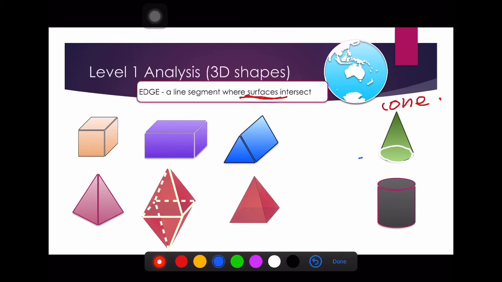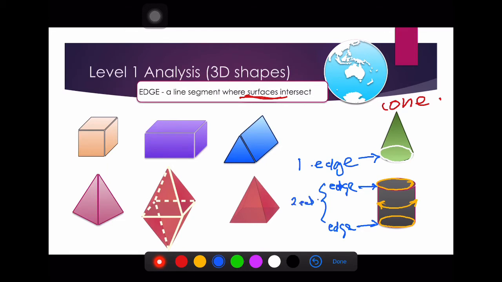So this is the edge of the cone. A cone has one edge, whereas a cylinder has a flat surface over here, another flat surface at the bottom, and a curved surface. So that means this is an edge and this is an edge. A cylinder will have two edges.